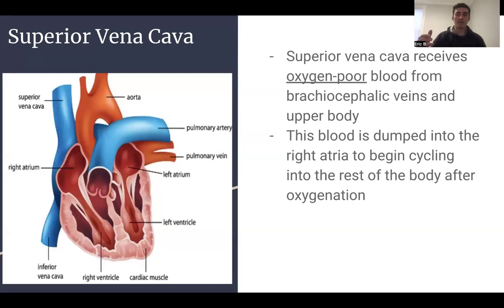It's going to come back through all those veins, the brachiocephalic veins in the entire upper body, and it's going to be shuffled into the superior vena cava, and that's going to go right into the right atria, where it's going to begin its cycling to go back into the lungs and then back through the heart to be oxygenated again.